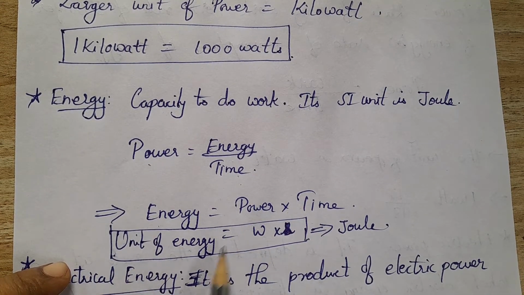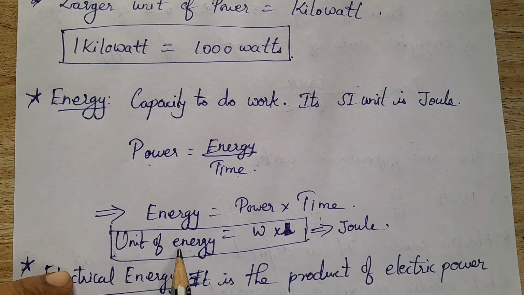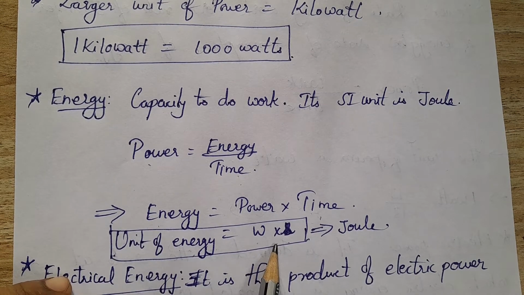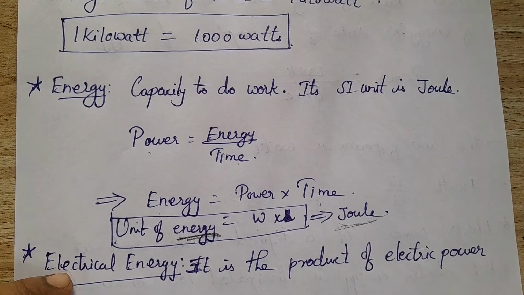So what will be the unit? The unit of power is watt, time is seconds, so the unit of energy is watt seconds. Watt seconds is nothing but joules, because the unit of energy is joule.